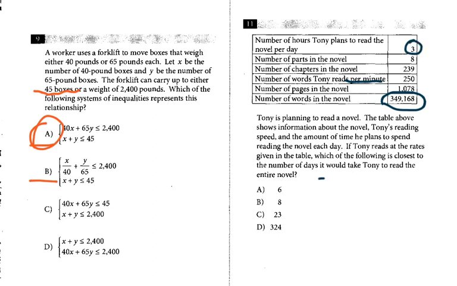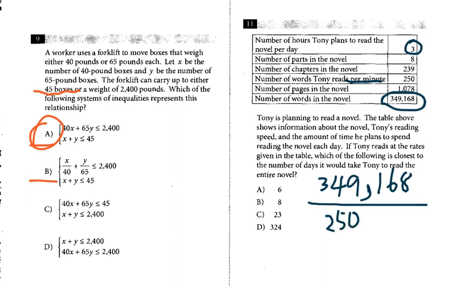So basically, you divide this number by 250, which is each minute. Then you multiply by 60 for the hour, and each day is 3 hours. Then that will be your answer. So the answer will be 8.